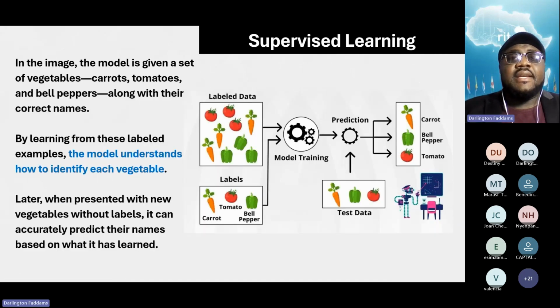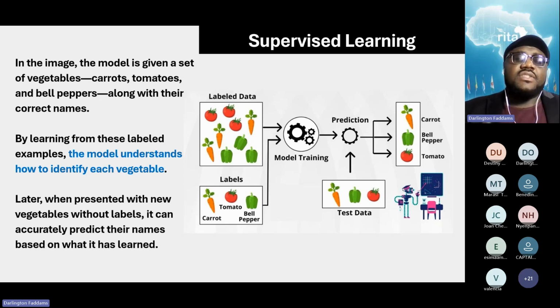In this image, the model is given a set of vegetables, carrots, tomatoes, and bell pepper, along with their correct names. By learning from these labeled examples with their correct names, the model now understands how to identify each vegetable. Later, when presented with new vegetables without labels, it can accurately predict their names based on what it has learned.